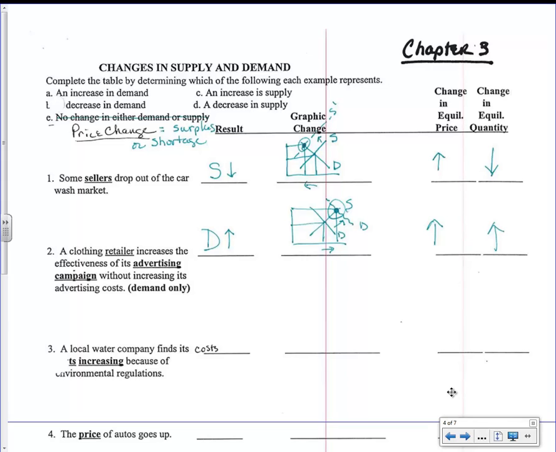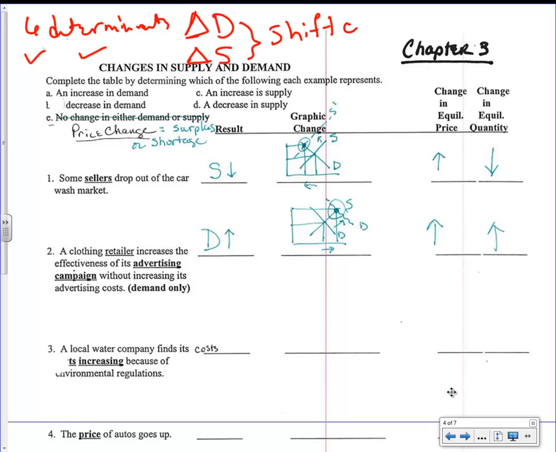So we have 6 determinants for change in demand, and we have 6 determinants for change in supply. They're all on my notes that are right on the web page. So these will shift the curves.